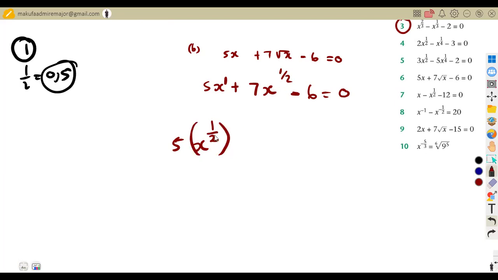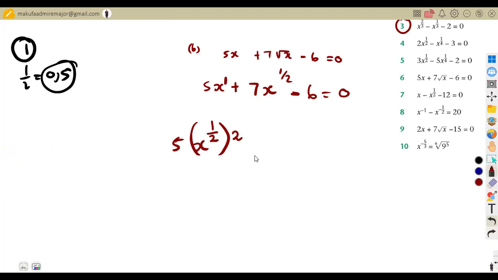But what are we going to use so that if we raise this to the exponent, it gives us a 1? That's a 2. Just like the previous case, x to the exponent of a half like this to the exponent of a 2. If you multiply a half and a 2, that is going to give you a 1. So meaning to say, we are obtaining the same one we are having here.